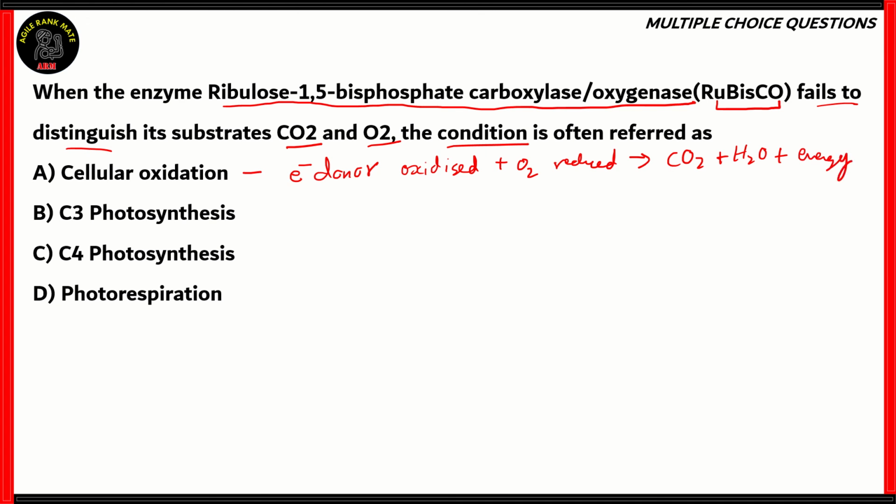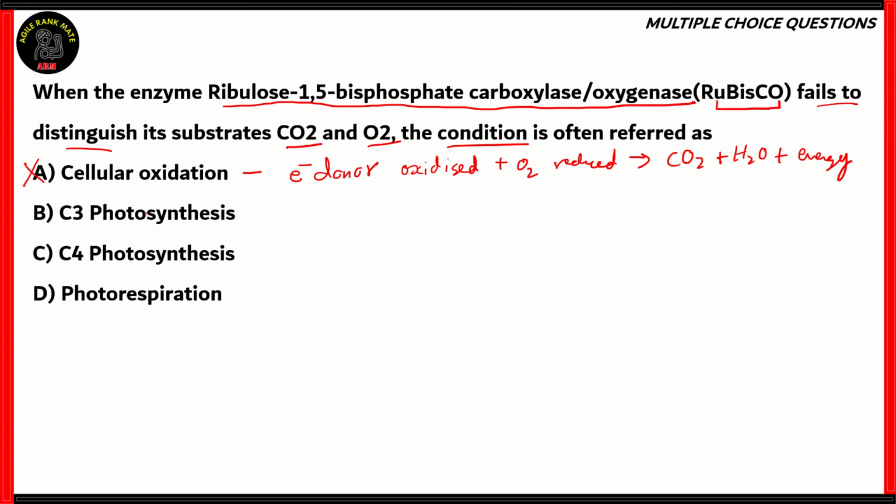So basically, this is where water and carbon dioxide are formed. I mean, it's not a part of photosynthesis, it's a part of respiration because carbon dioxide is a product. So option A is incorrect, because there is no use of Rubisco in this particular process.